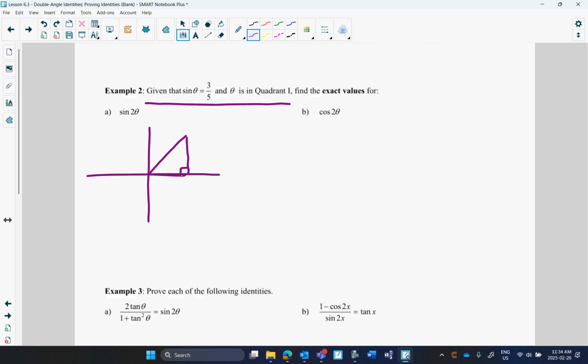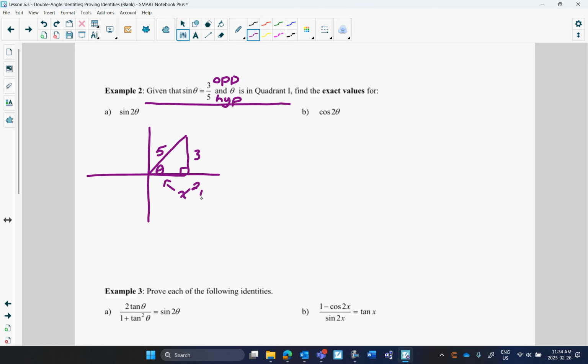Well, hopefully you're looking at this saying, okay, there's a 3 and a 5. Question is, where do they go? Well, sine is opposite over hypotenuse. So that means, and remember, this is theta. That's the reference one we use. So the opposite, this vertical side must be 3, and the hypotenuse must be 5. Which means we have to figure out x.